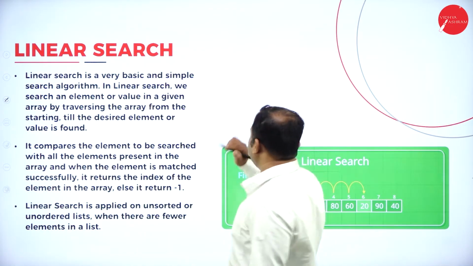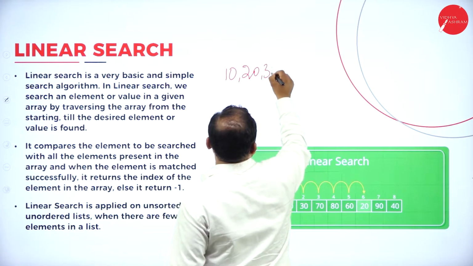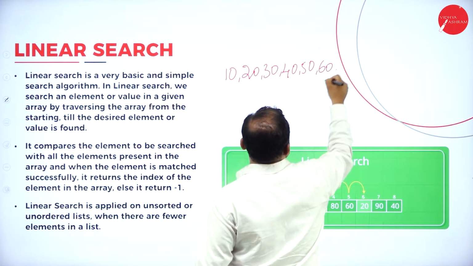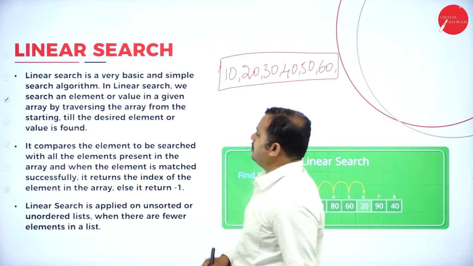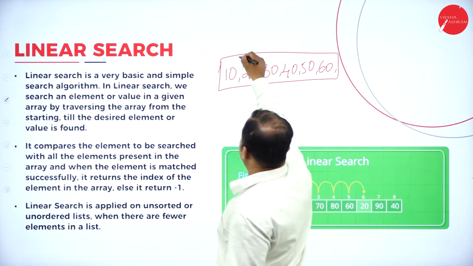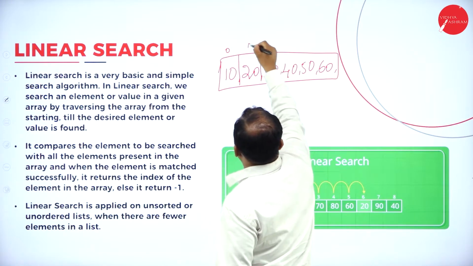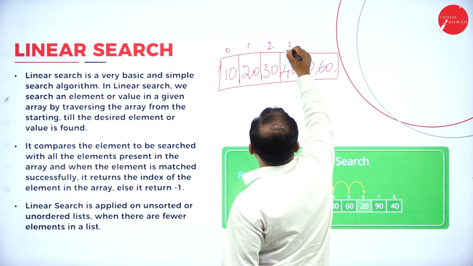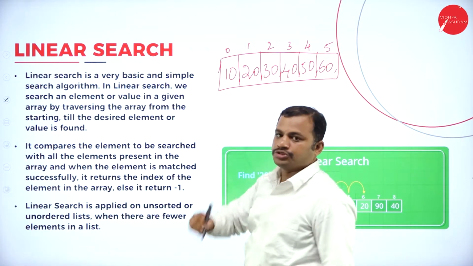Now, in this array, suppose if I have an elements in this order 20, 30, 40, 50, 60, then I shall represent it to the desired location by indexing it to 0. This as first position, second position, third position, fourth position. This is called as the fifth position.